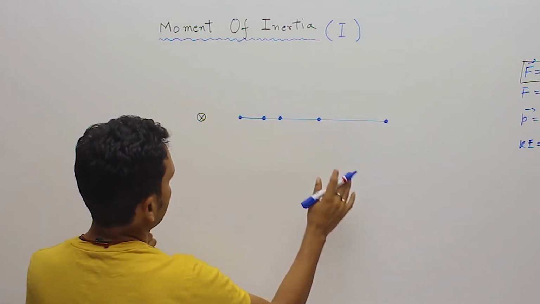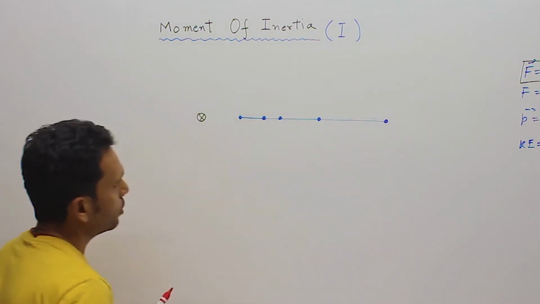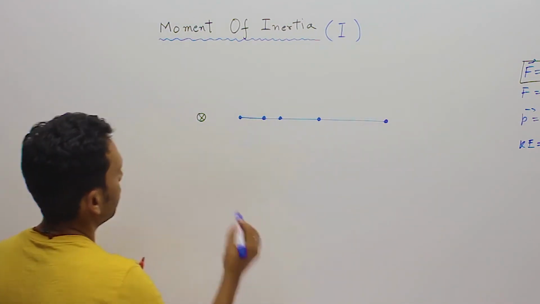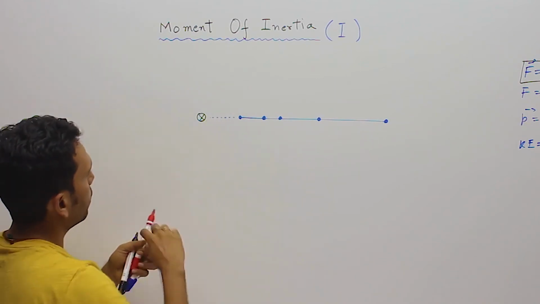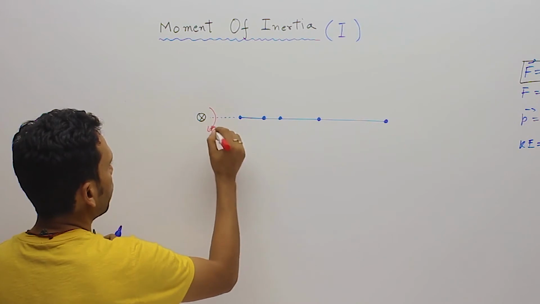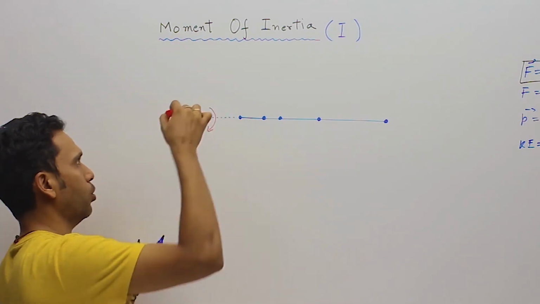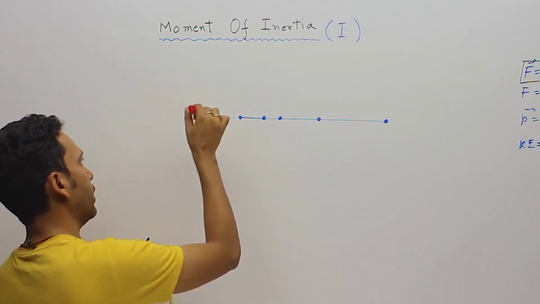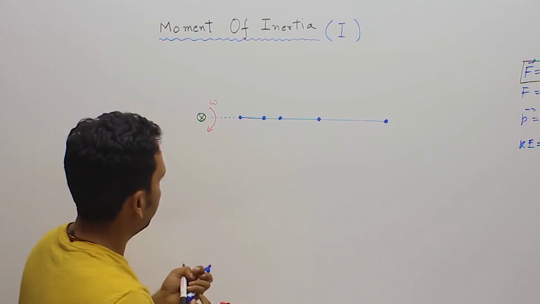So the mass of the rod is the mass of all these beads added, because this thin line is just a rigid connection between them, and the whole thing is rotating about this axis. This axis is going into the board, out to in or in to out, whatever. This is the axis, and it is rotating with omega.